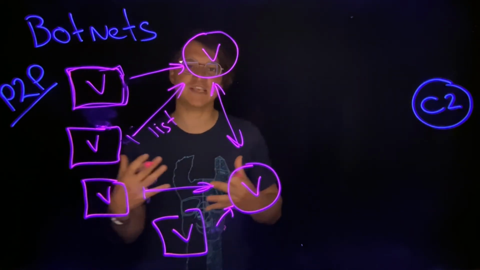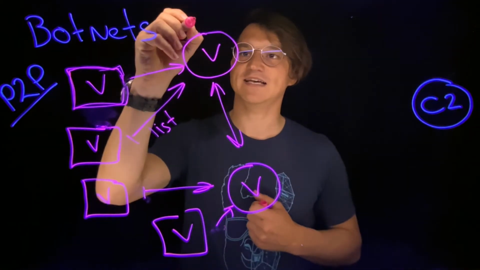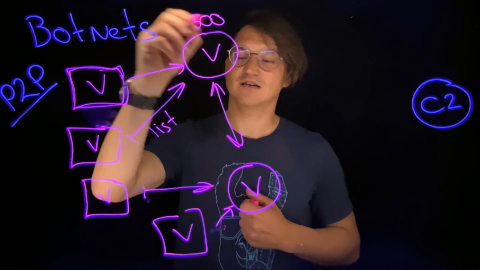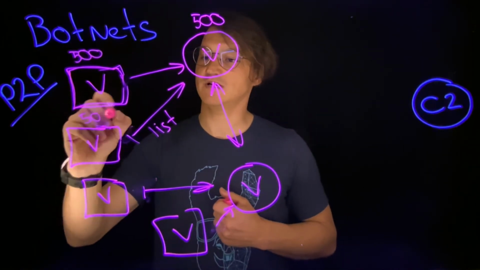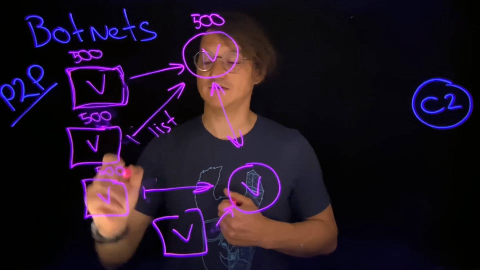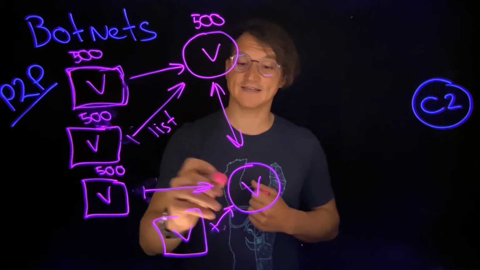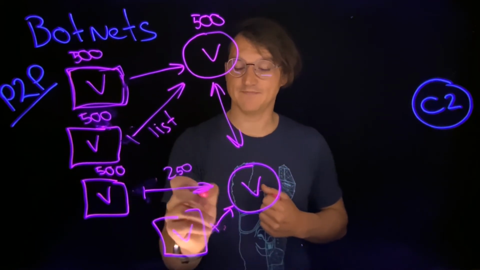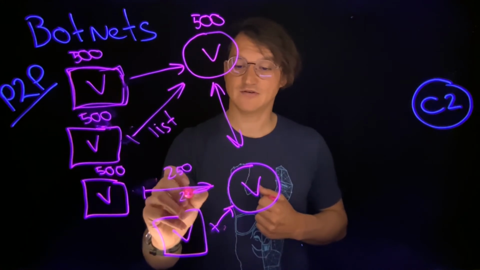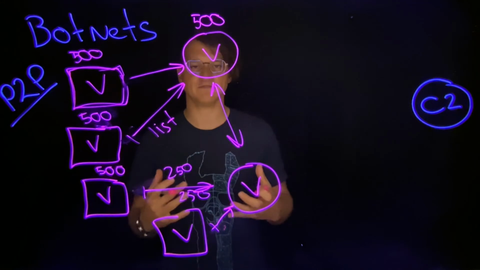Let's say this node knows about 500 other nodes, this one has 500, this one has 500. They try to connect to the first node they know and say, hey, take my half, let's say 250, and give me your half, 250. So on every connection, the list is reshuffled.